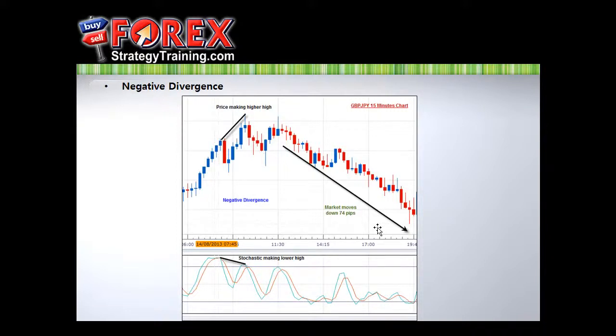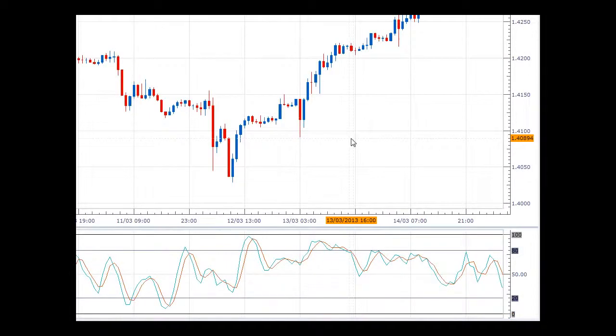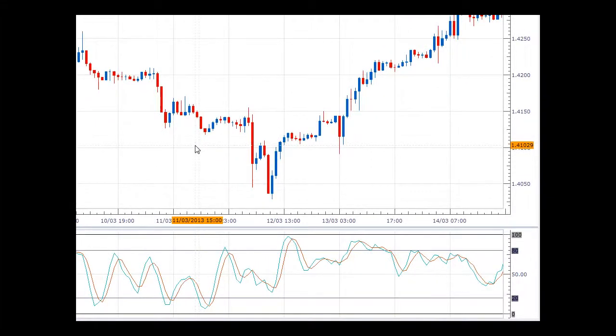Okay, so let me show you an example of this stochastic divergence strategy. What you're seeing here is the pound Swiss franc hourly chart. So what we have here is this pattern. You can see this is a low point, this is another low point, so let me connect them together.